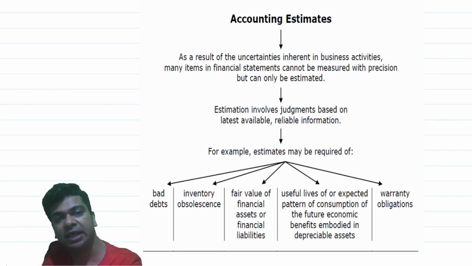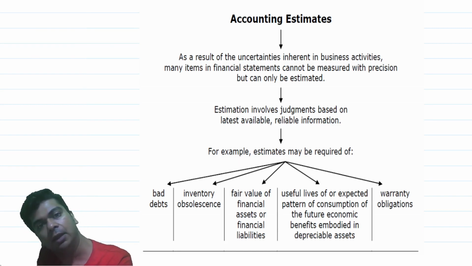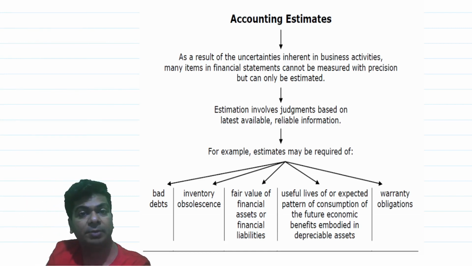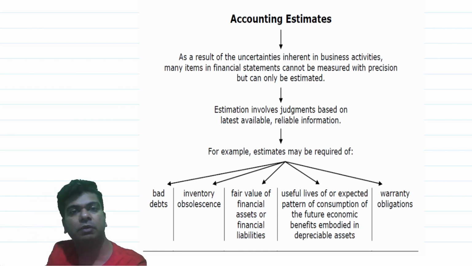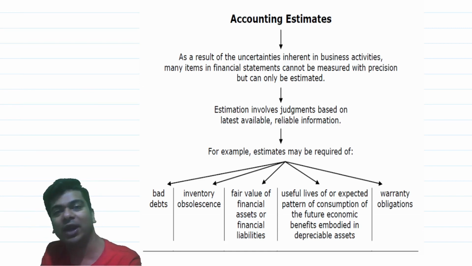Ind AS 8 says that whatever information is available currently, you should use that information and work out the amount of the estimate. Remember, better data and better information will be available only in future. As you become more experienced in future, your estimate will gradually become more and more accurate.